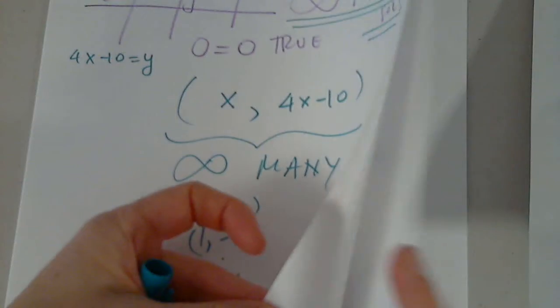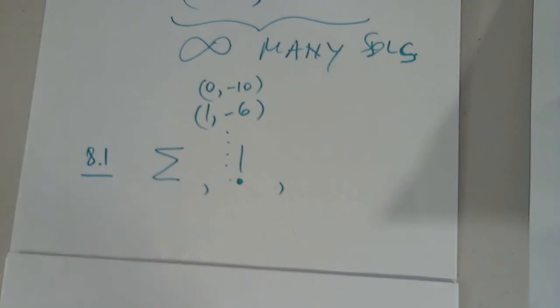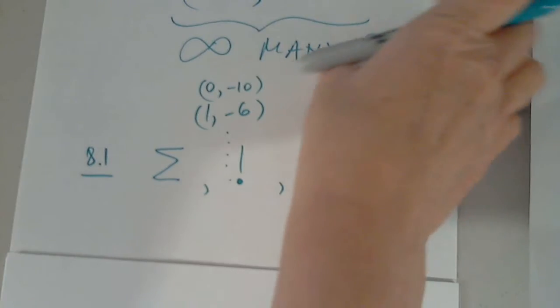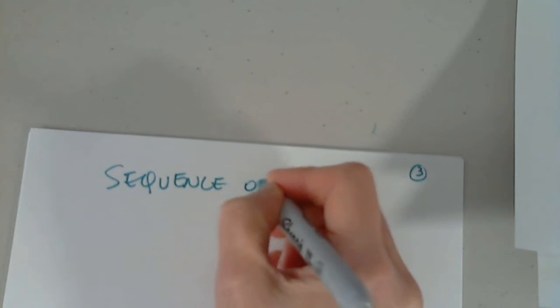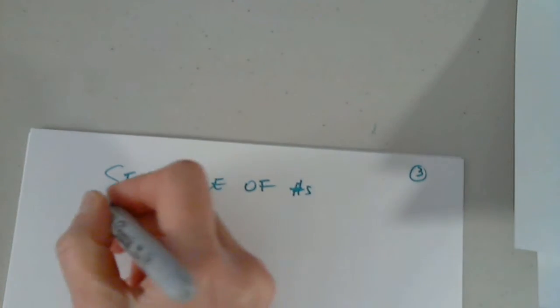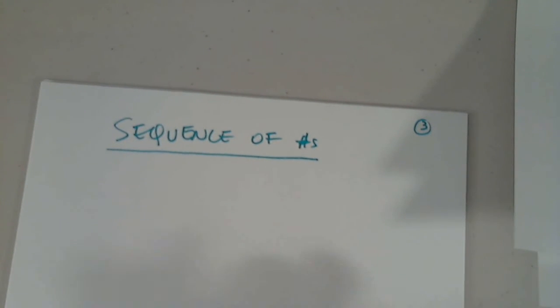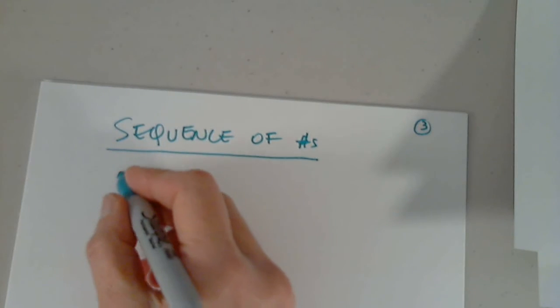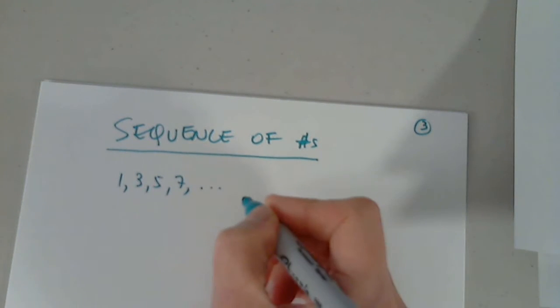Okay, so let me lay down the groundwork for what we are going to look at. A sequence of numbers. It's like a function. A sequence of numbers could be 1, 3, 5, 7, and so on.